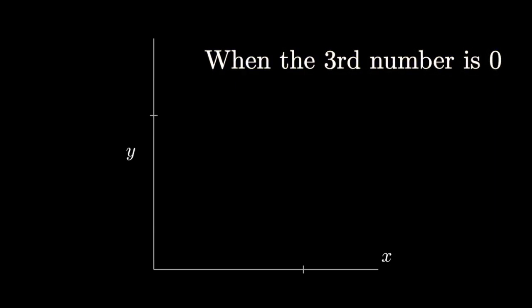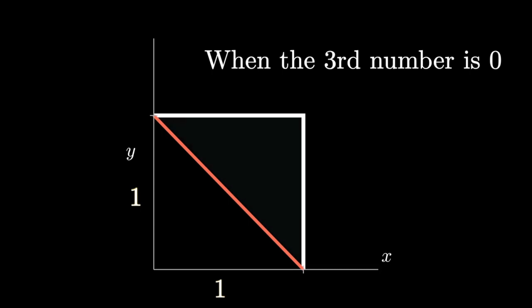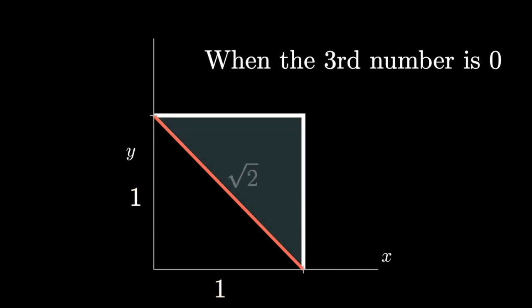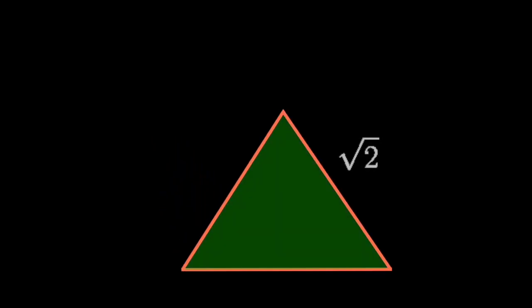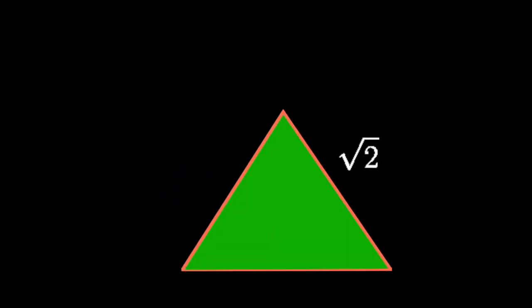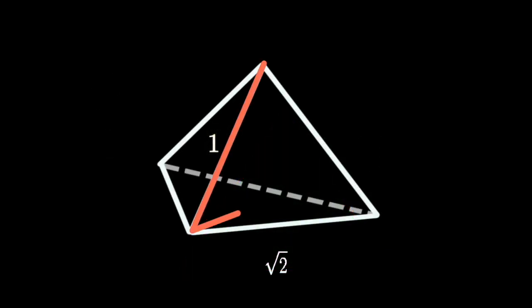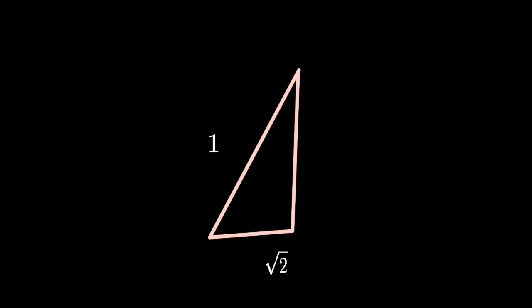Since we know that when we set one of the values to 0, the feasible region is just our 2D representation from before, each of the side lengths of this base triangle is going to be root 2, as it's the diagonal of our original square from before. Using half ab sine C on this equilateral triangle, we can get an area of root 3 over 2 for the base. As for the height, we want to use this right triangle.